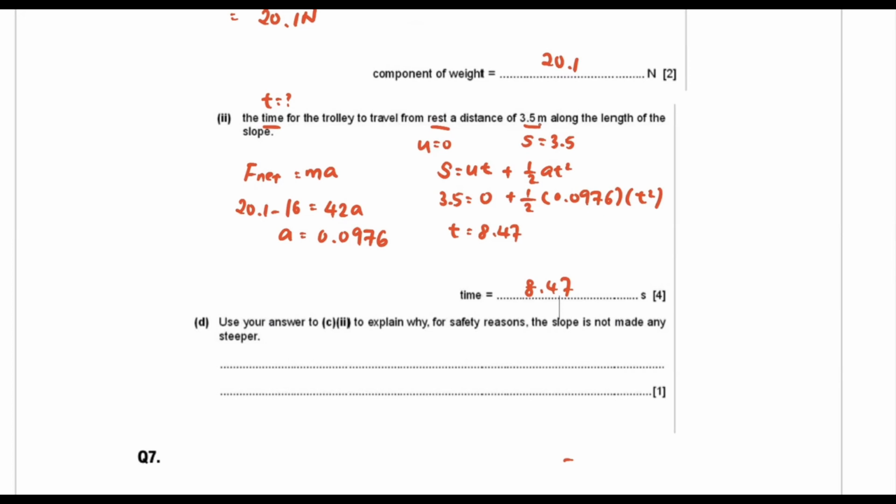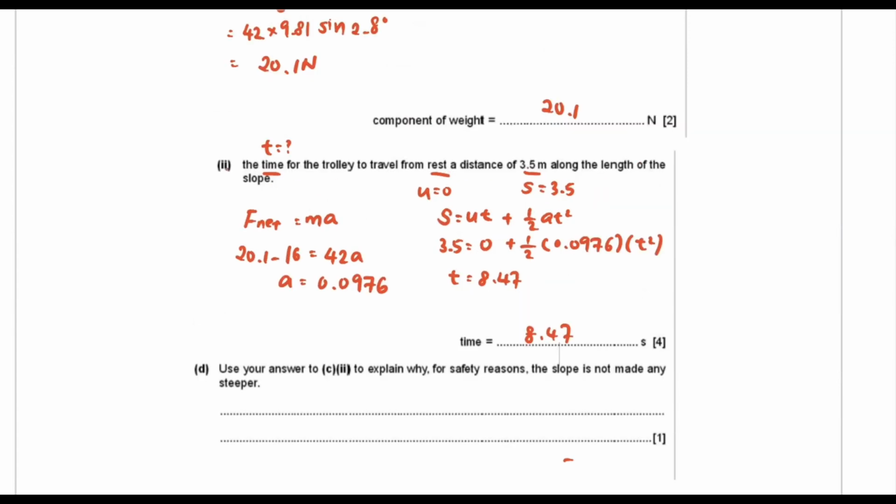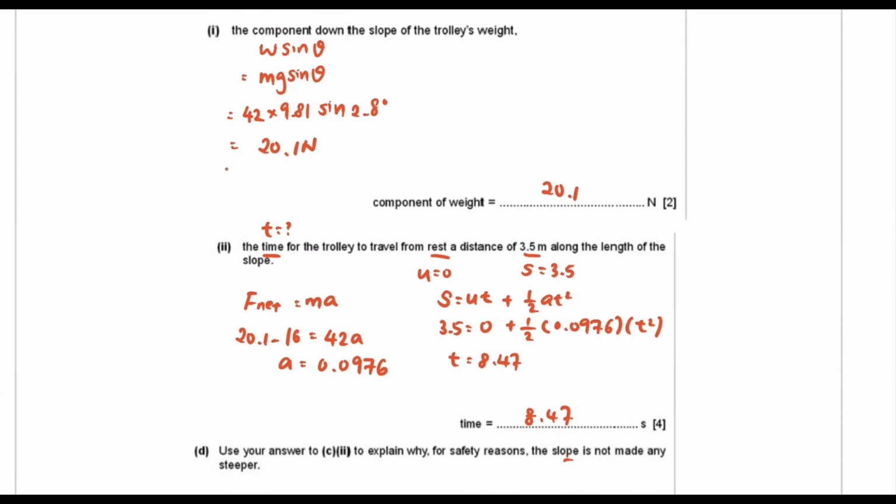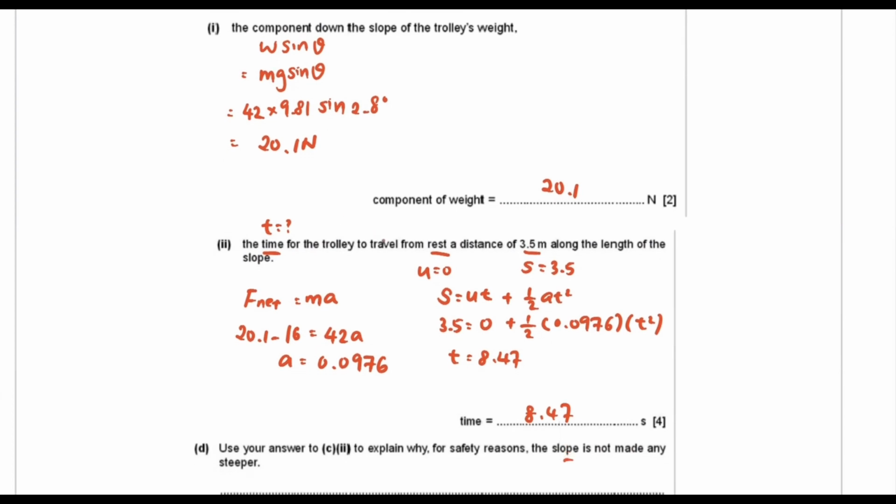The time for the trolley to travel from rest to a distance 3.5. Okay, so you see C part 2, right? What we count is if the trolley starts from rest, it moves 3.5 meter, it takes 8.47.